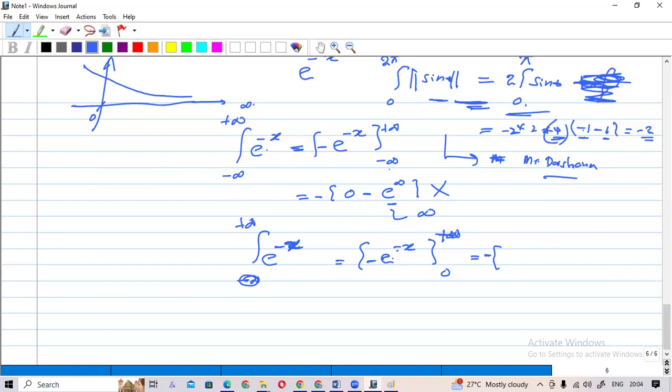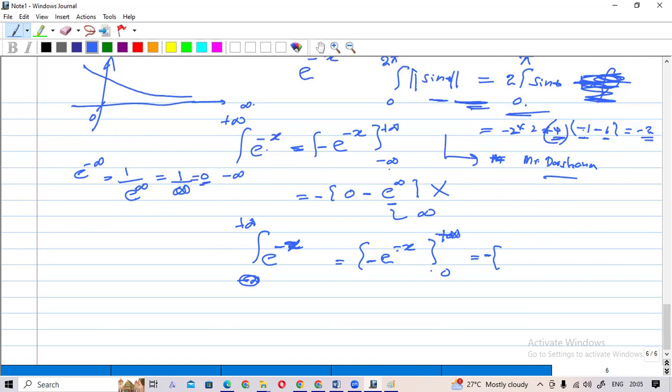If you apply plus infinity, it will be e to the power minus infinity, which you can write as 1 over e to the power infinity. Infinity means again you will have infinity, so 1 divided by infinity, you will have 0.